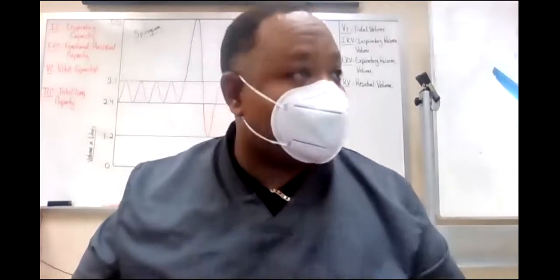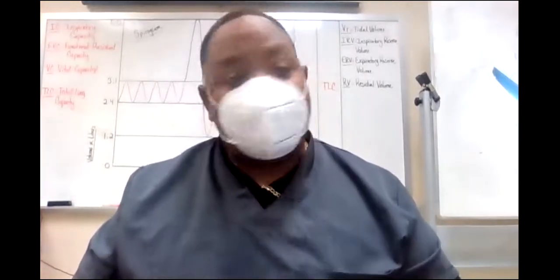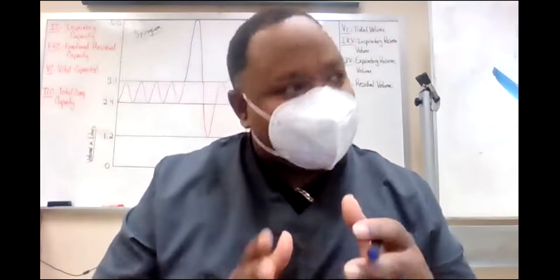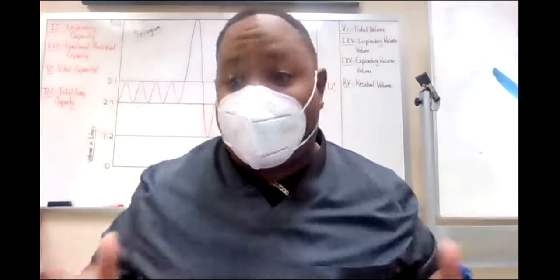up CO2, right? So COPD patients are always hypercapnic, always, which means they're always a little bit acidotic, right? Their ABG and their blood work will always be a little acidotic because they can't get the air out.